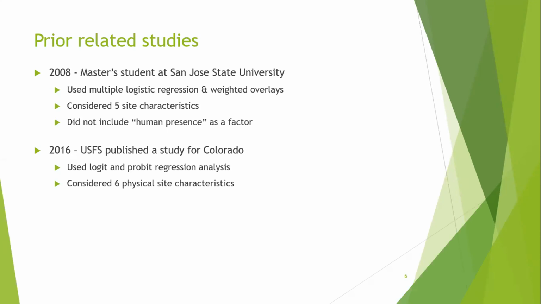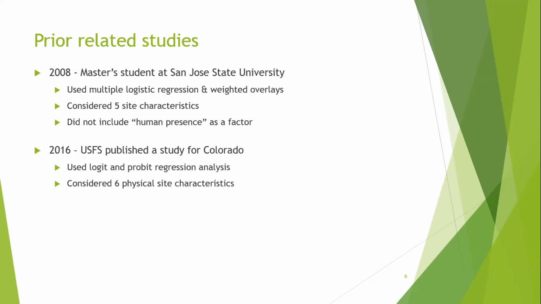Also, 2 years ago, the Forest Service published a study on common teasel presence here in Colorado. And as I mentioned, as far as I can find, that is the only study that has been published on locations of teasel in Colorado. This study also used logistic regression. They also used probit regression analysis, and they looked at 6 physical site characteristics: elevation, slope, aspect, precipitation, forest type, and average temperature during the growing season.